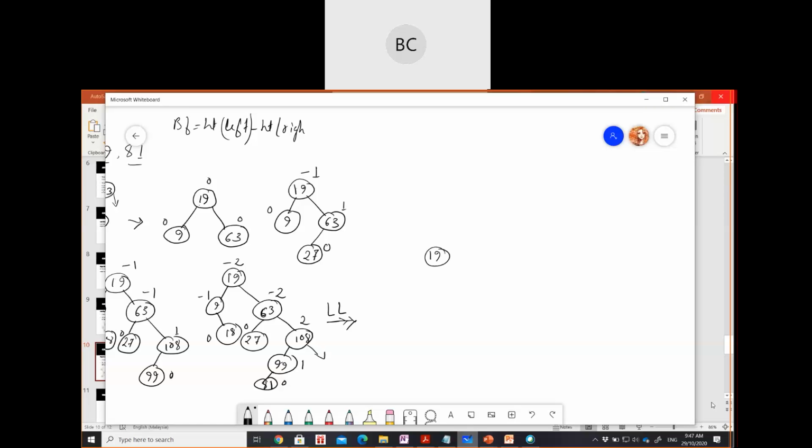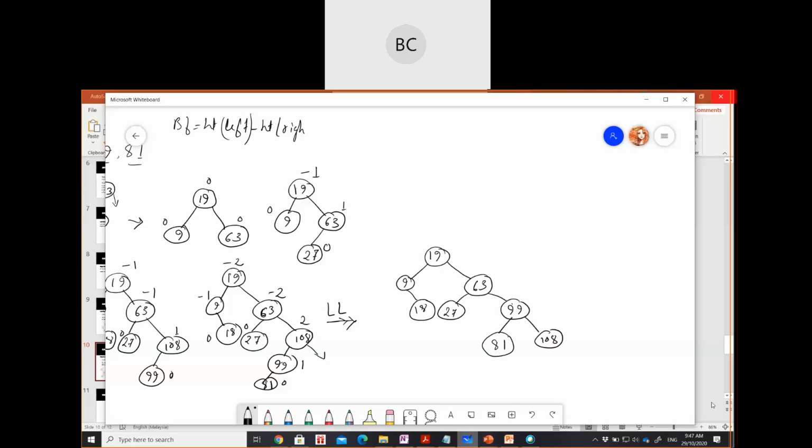So the node will become 19, 19, 3, 27. Okay. So at this point we will perform a left rotation means what? We will just pull it down here. That means 99 will become a node, 108 will become left, and this one will become here.